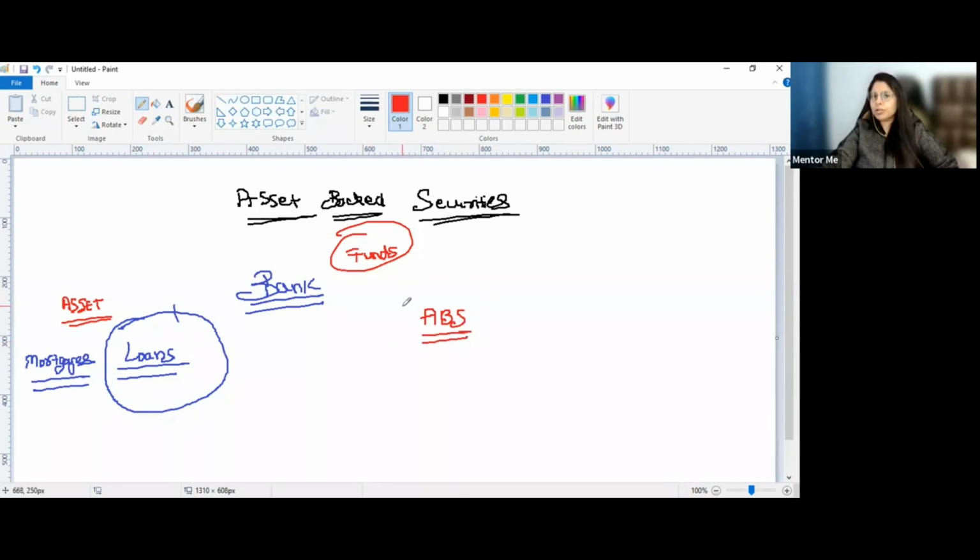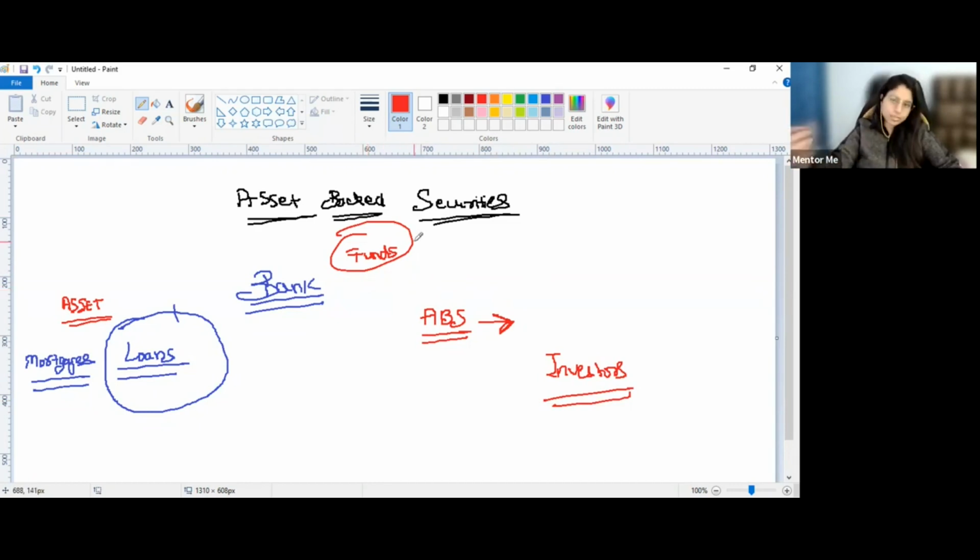The objective was that I will issue these securities which will go to investors. Okay, now we will promise the investors some rate of return. ठीक है, आप हमारे ABS खरीदो, that is our securities, purchase our securities.